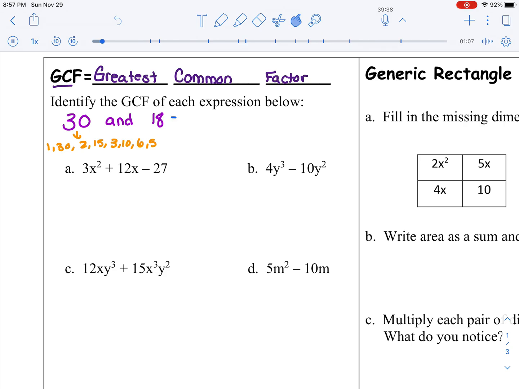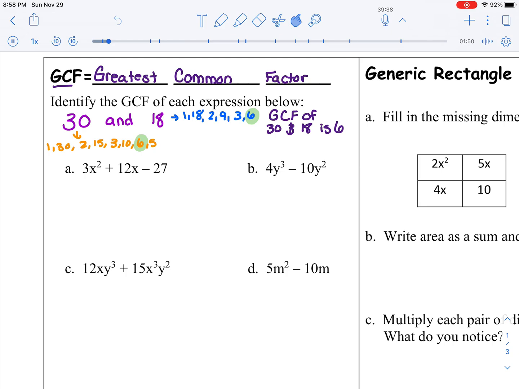And 18 is divisible by the numbers 1 and 18, and 2 and 9, and 3 and 6. Now, looking at those two lists, the biggest number that's included in both lists is the number 6. So I would say my GCF of 30 and 18 is 6.